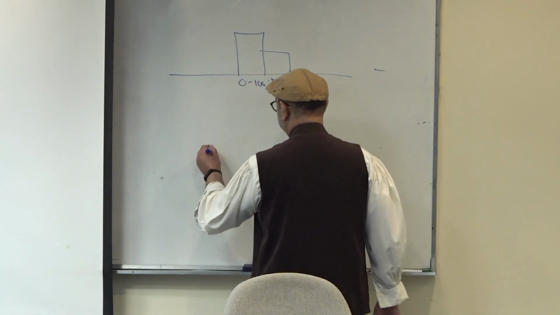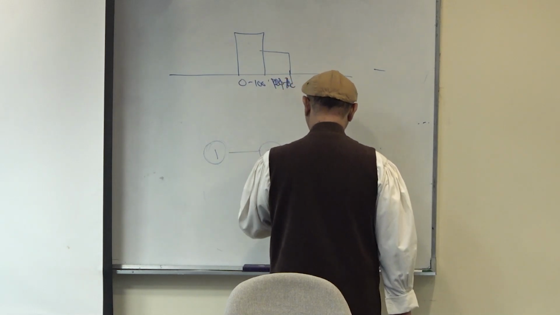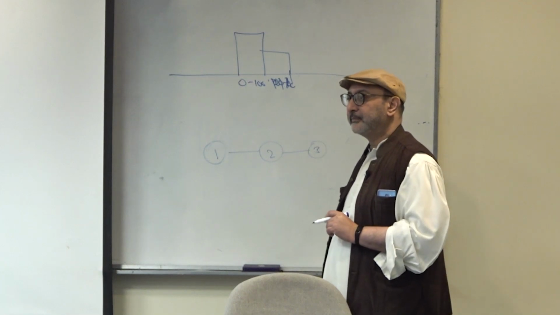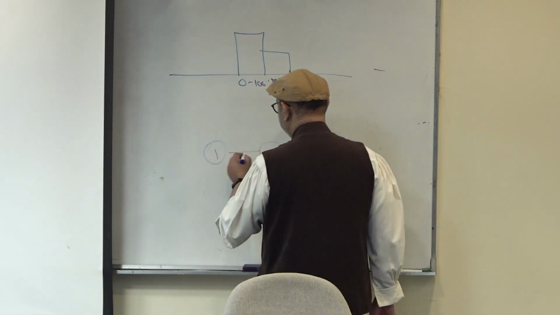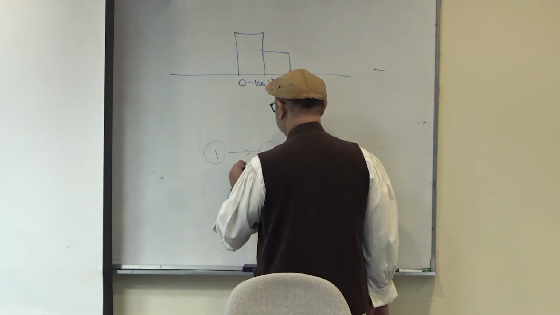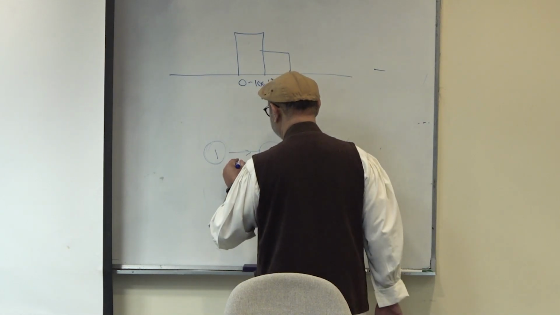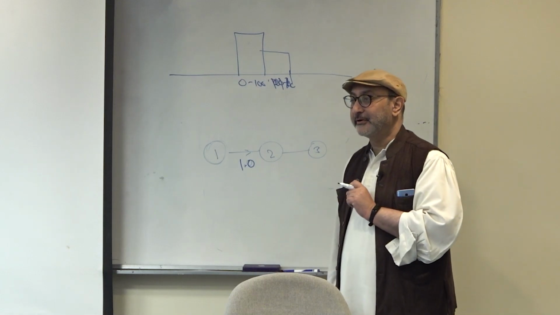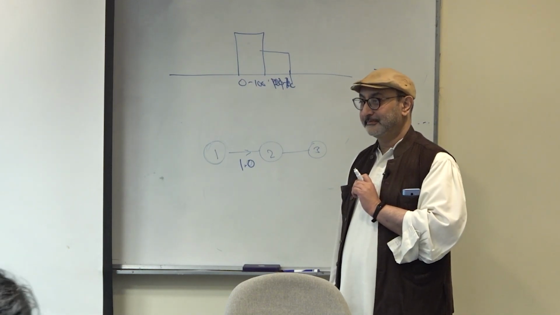Let's say you had something like this. If your system is in state 1, then there's a probability 1.0 that you go to state 2.